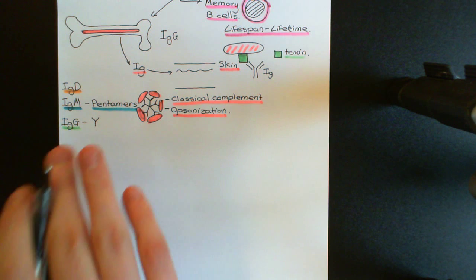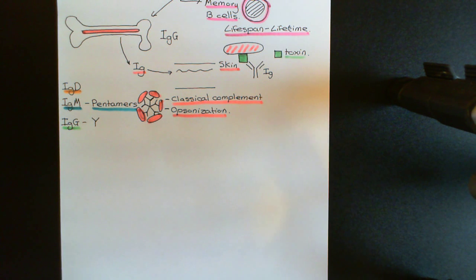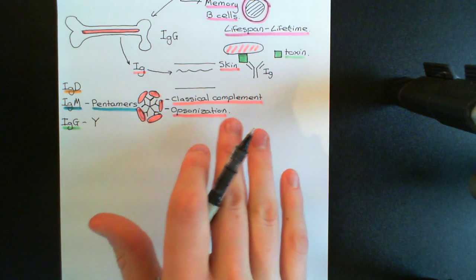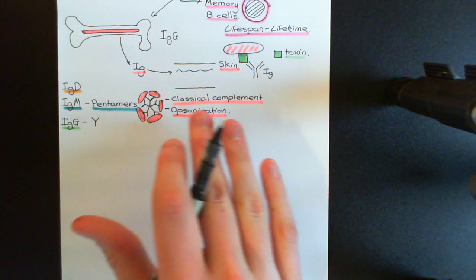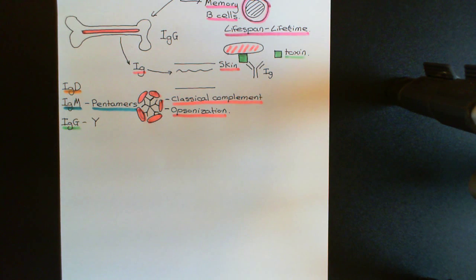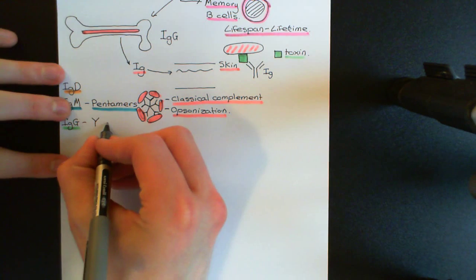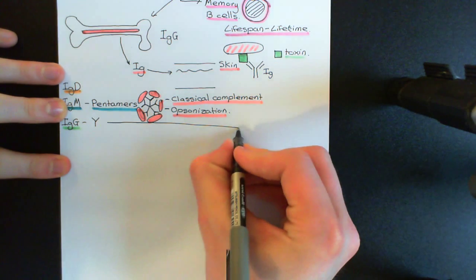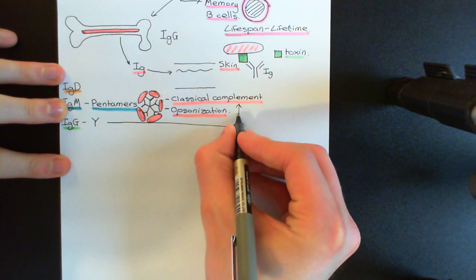So they're very good at binding to surface antigens on the surface of pathogens, and then activating the destruction of that pathogen through the classical arm of the complement system, and also through opsonization by promoting their phagocytosis by macrophages and neutrophils. So IgG does all of the same things as IgM, except that it doesn't form a pentamer.